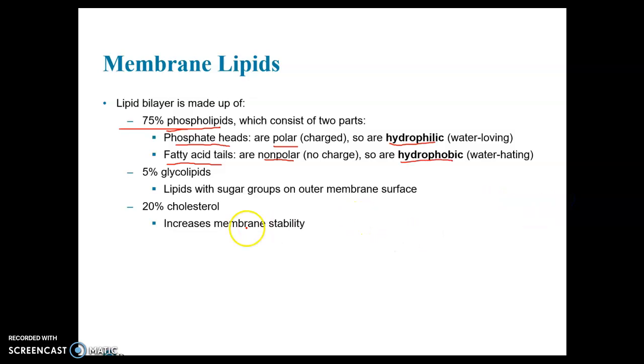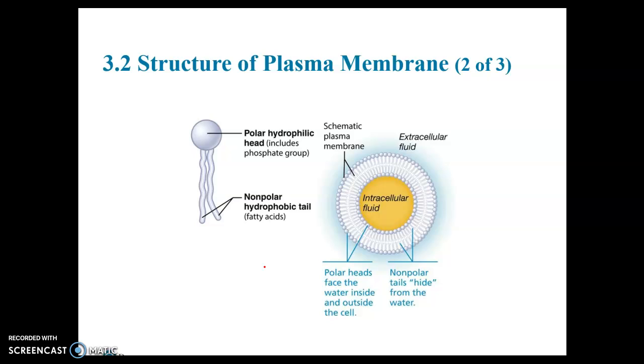Another 5% of the lipids are called glycolipids, and these are phospholipids that have that carbohydrate chain on the outer surface. They're part of the glycocalyx. And then we have 20% of the lipids are cholesterol molecules that increase the stability of the plasma membrane. Here is your polar hydrophilic phosphate head, and here are your nonpolar hydrophobic fatty acid tails.